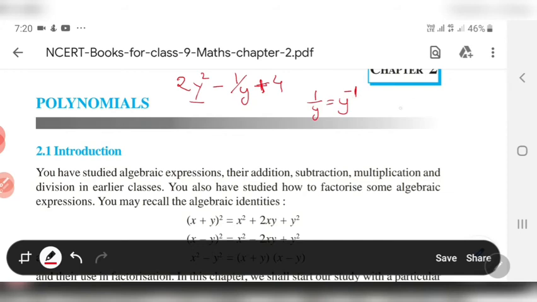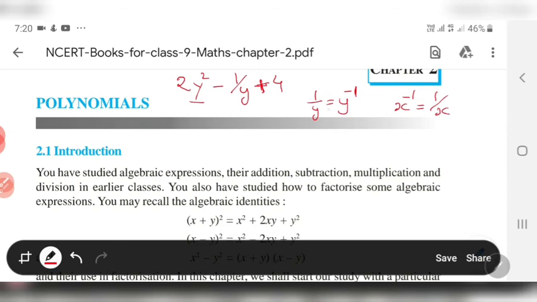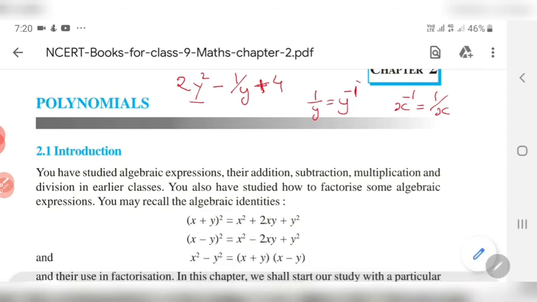So you have already learned laws of exponent. You remember? In laws of exponent, it is given x to the power of minus 1, that is 1 by x. In the same way, 1 by y is equal to y to the power of minus 1. So in this case, 1 by y represents y to the power of minus 1.